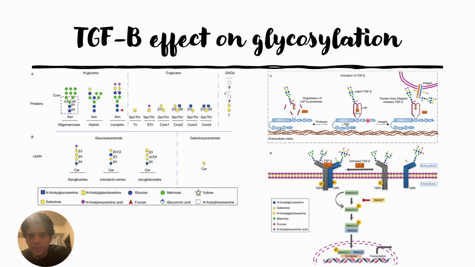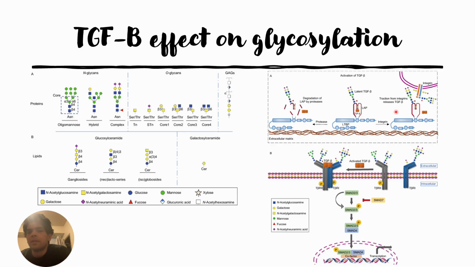The TGF-beta interacts with the latent associated protein or latent TGF-beta binding proteins, and in this case the TGF-beta is in the inactive, latent form. With the help of proteases, the latent associated protein is degraded, and the TGF-beta becomes free.